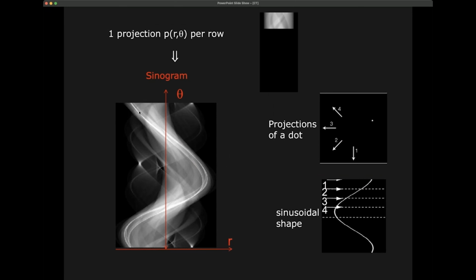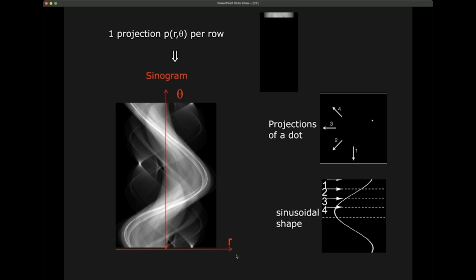So we can take one of these lines and plot it here. Then we take the next angle and the next angle and the next angle. And so we horizontally plot all these different lines. What we measure, the projections, we put in this image.